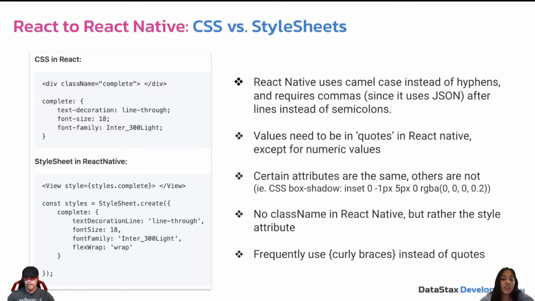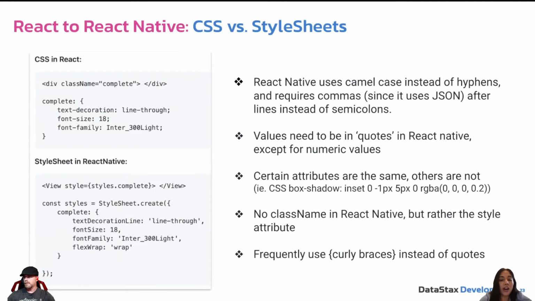There are no classes in style sheets, and the styling for each component is typically done using the styles attribute. So you can see here className versus styles.complete in style. Style sheets use camel case. Descriptive values need to be in quotes or brackets depending on where you're putting it, and you need a comma at the end of each one instead of a semicolon, because it's JSON.